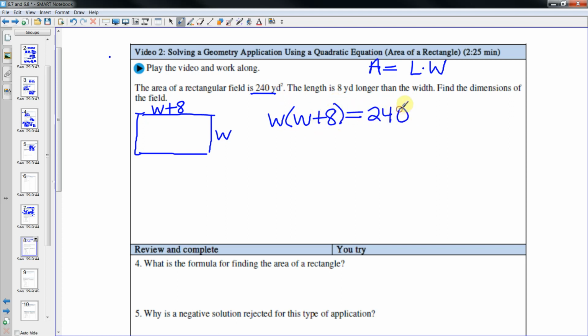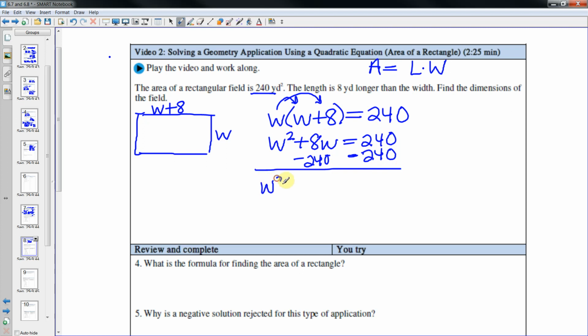And you can see it looks like one of the equations that we've done so far. I need to clear my parentheses before I move the 240 over. So W squared plus 8W equals 240. We're going to subtract 240 from both sides. So W squared plus 8W minus 240 equals 0.